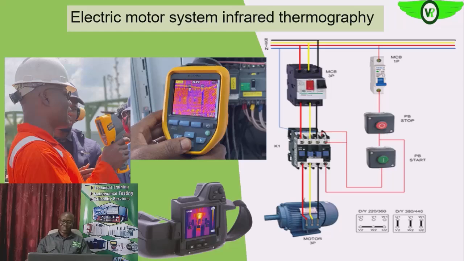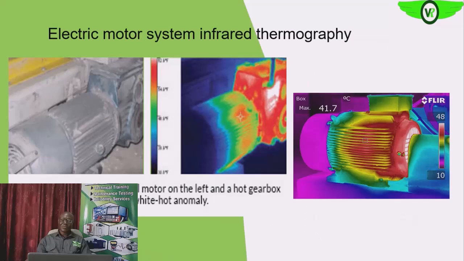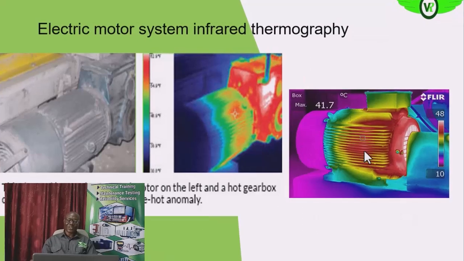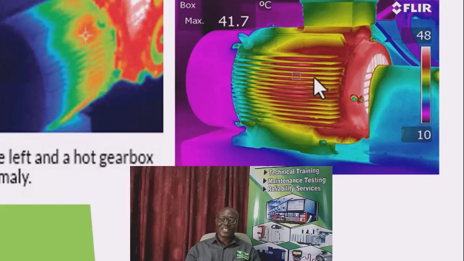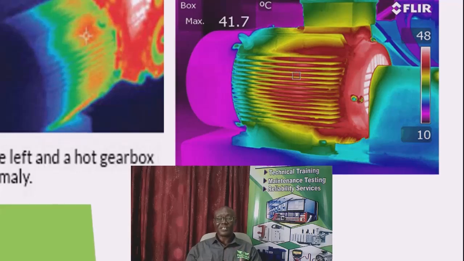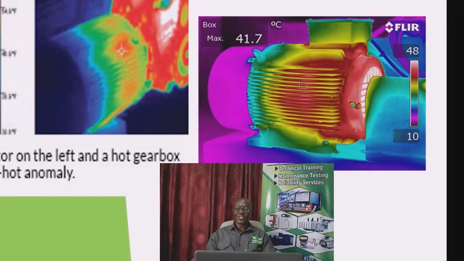The electric motor itself, as you can see on the right, has its own normal thermogram. Remember, we have windings around the stator. These windings are made up of resistive materials or conductors, and as current is flowing through them, heat is generated, and that heat is conducted onto the frame of the electric motor.